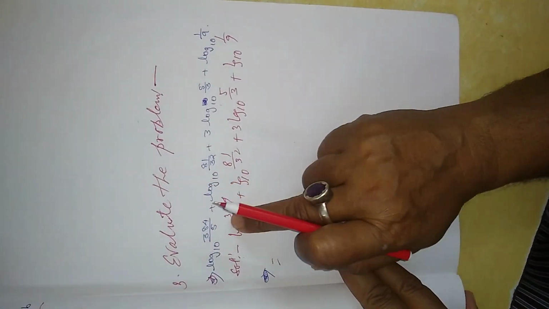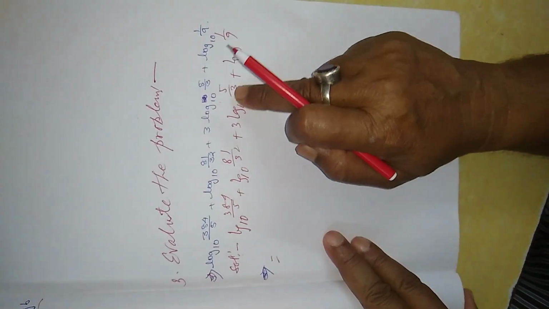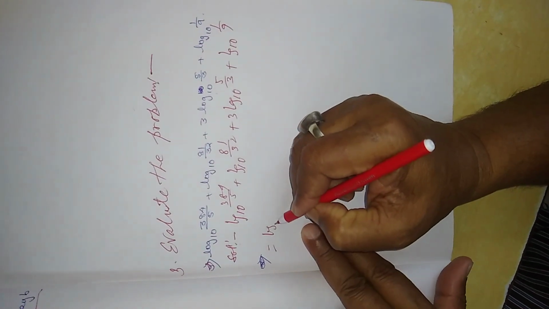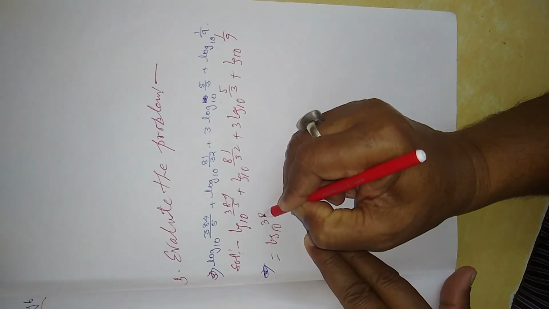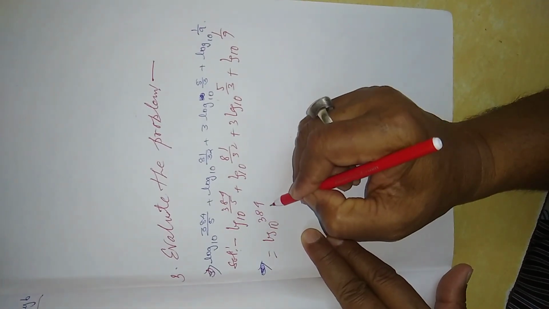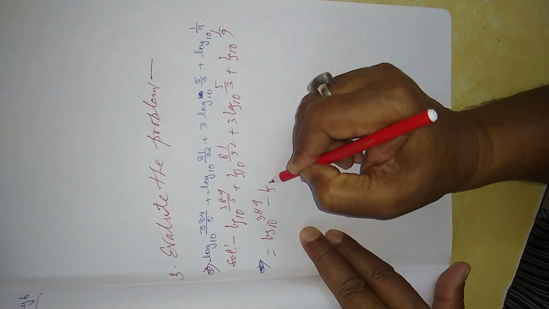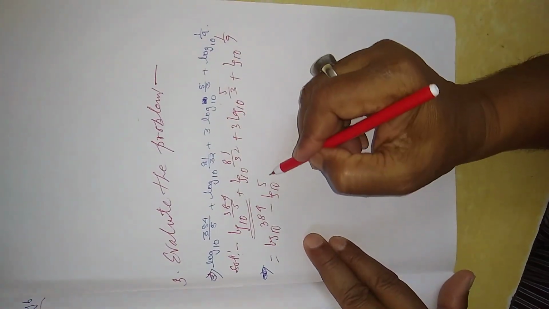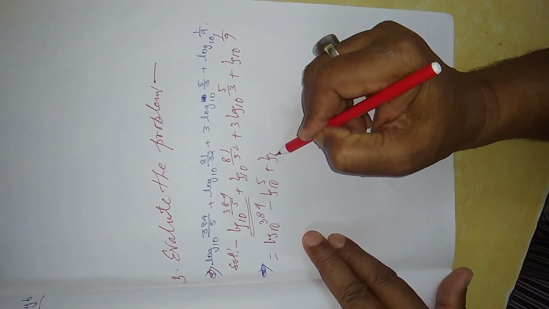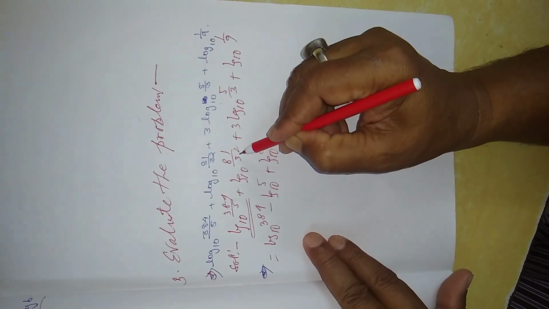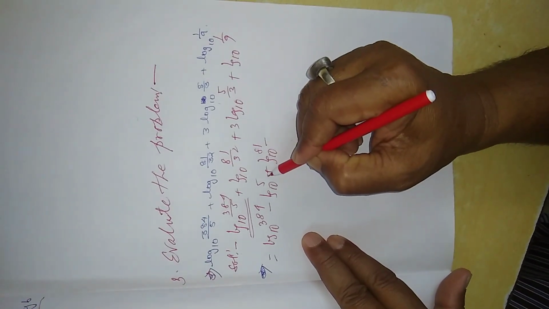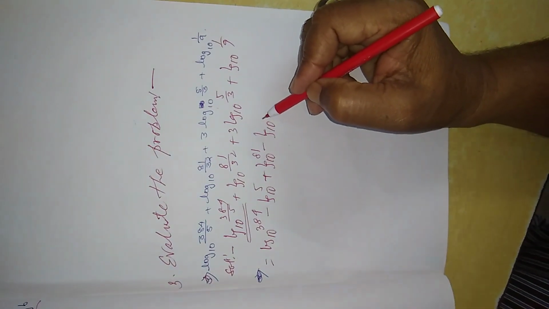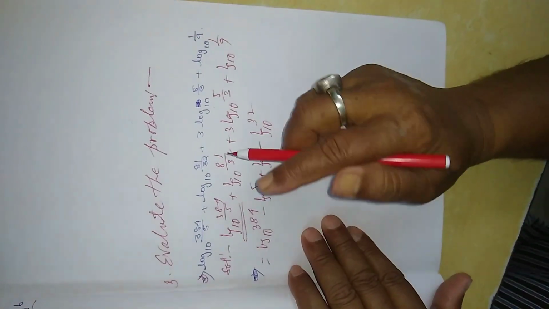Now split this one, that one, this one and that one separately. Log 384 minus log 5, this one is over. Similarly, this one log 81 minus log 32. This one is over.